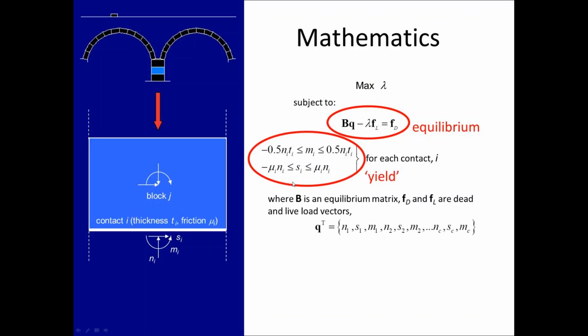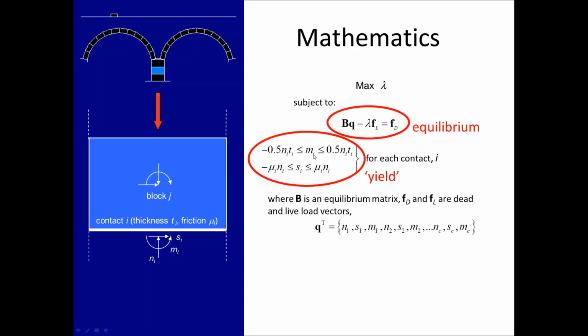And we also impose constraints on those contact forces. So what we make sure is, for example, that the shear force is within limits, being plus and minus the coefficient of friction times the normal force, so that we guard against sliding failure. Similarly, if we've got infinite compressive strength, then we can limit the moment according to relationships shown directly above.